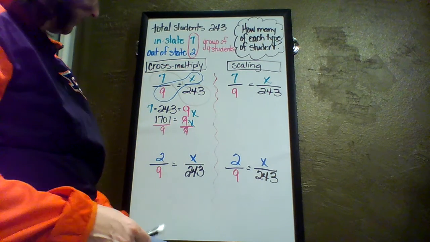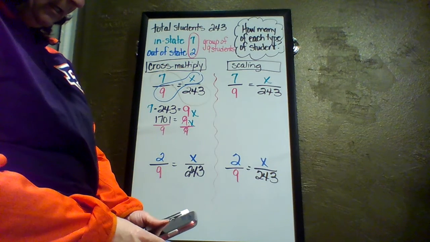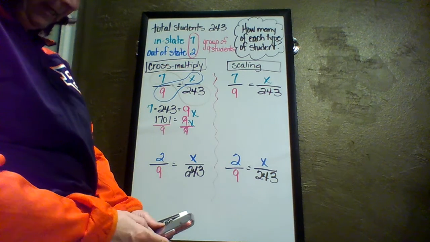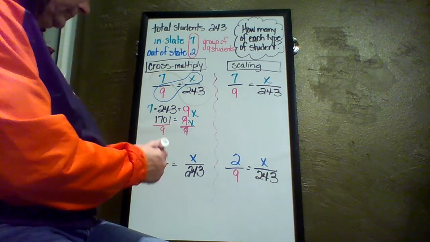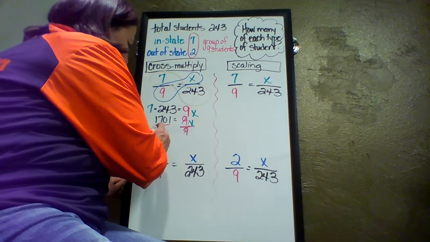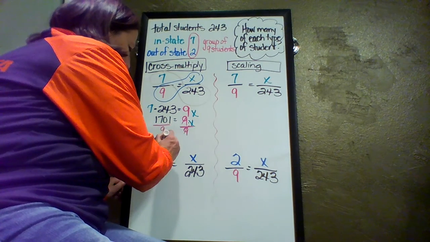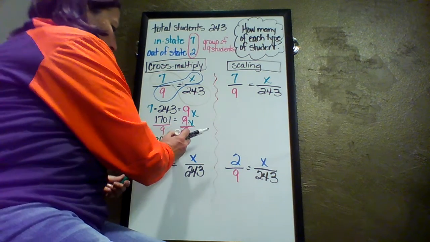All right, so I have 1,701 divided by 9. And when I put that into my calculator, it is 189 equals x.